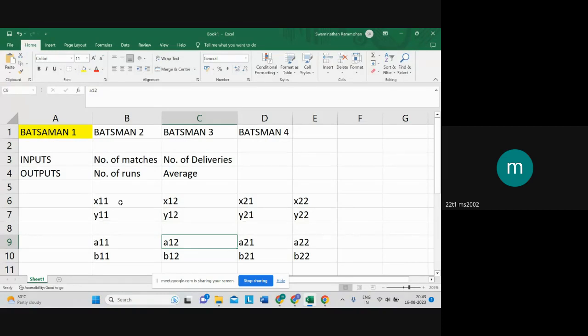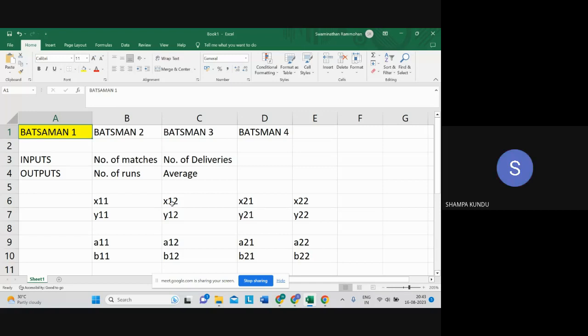So X11 refers to the first input of the first batsman, which is the number of matches of batsman 1. Similarly, X12 refers to the second input of the first batsman.